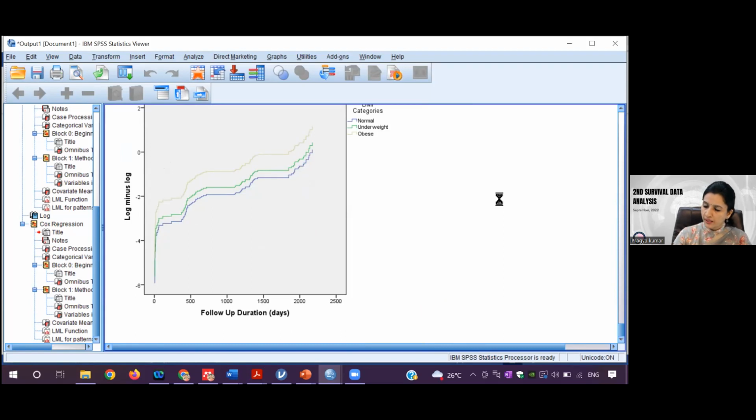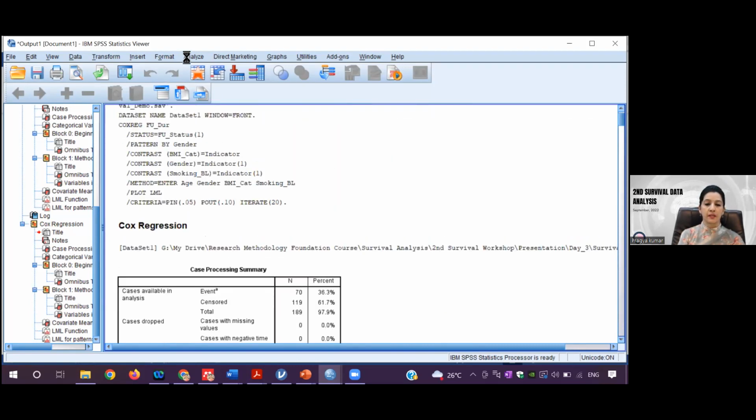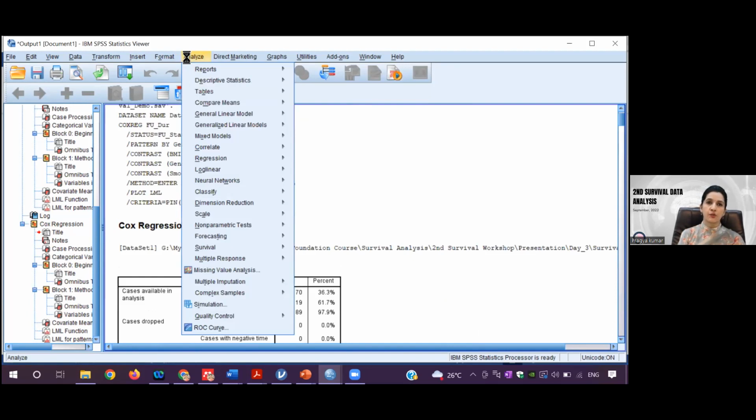So BMI category is also met. Then I can go ahead with this model, and there's no need for me to go for the time dependent. First, we check multi-collinearity for continuous variables. There is only one continuous variable here, that is age, so there is no problem of multi-collinearity.